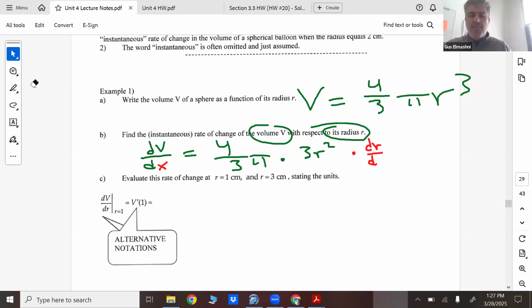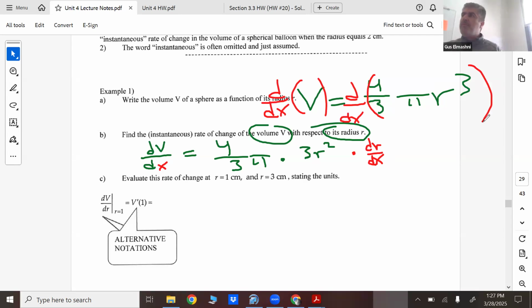But then you have to put dr over dx, because what you're doing as an operator is taking the derivative of both sides with respect to a variable. So when you take it with respect to r, you get 3r squared, but then you have to say, times its differential, which in this case is dr over dr, or in the other case dr over dx. But we're of course doing it with r, not with x.